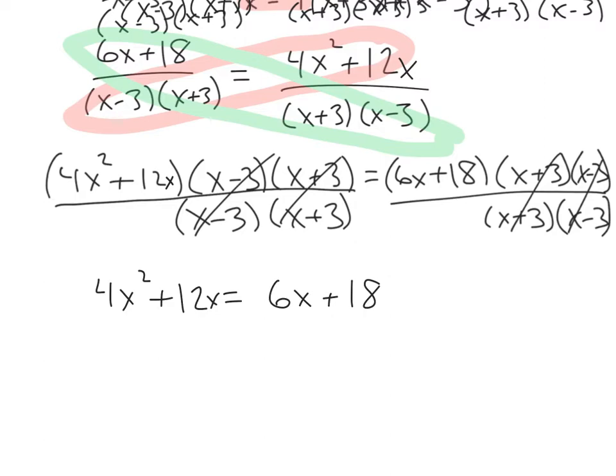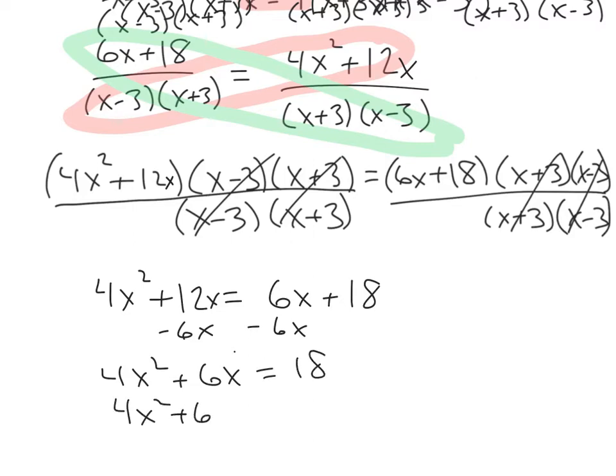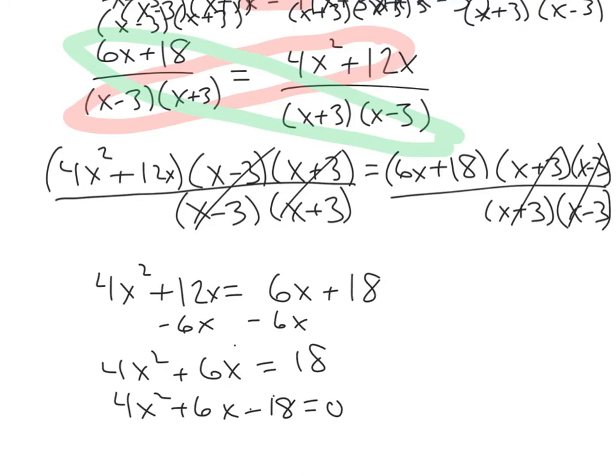Now, what we're going to go ahead and do is we're going to combine like terms, subtract the 6x. That's going to give me 4x squared plus 6x, and then is equal to 18. Subtract the 18, and you got 4x squared plus 6x, and then minus 18. That equals 0. So now what we're going to do is take a look at this.